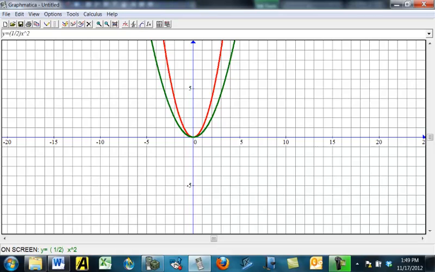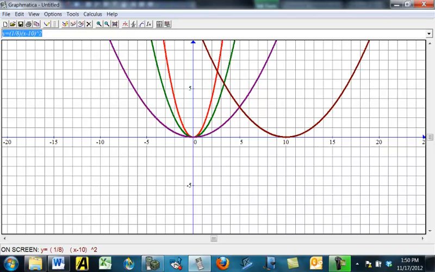What if I make it 1/8? So we've compressed it even more. Now let's suppose we take that one and replace x now by x minus, let's say, 10. That's going to shift it to the right 10. And then if I say maybe negative 5 at the end, subtract 5, that's going to move it down 5.